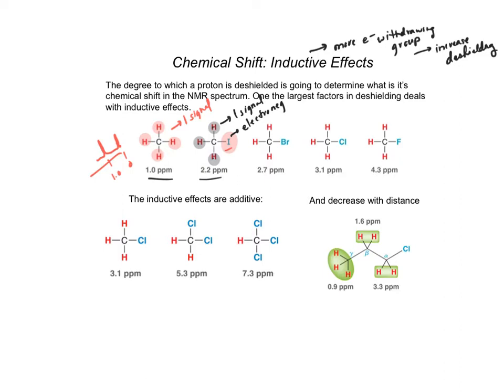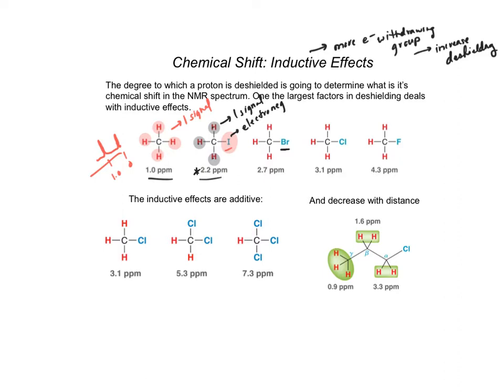Okay, so what we were saying, yes, so normally you'd see methane's protons show up at about 1 part per million. If we add a semi-electronegative group like iodine to it, then that shifts it farther, what we call downfield, right? So to a higher parts per million, which is 2 parts per million.